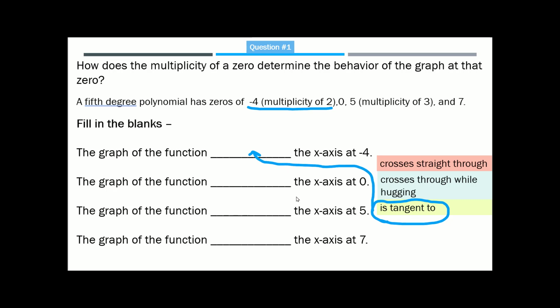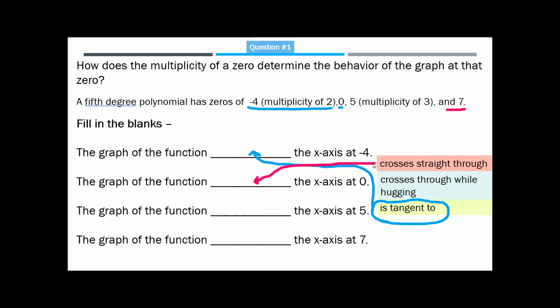Okay, now we're going to look at what it does at 0. 0 is a single multiplicity. So what's going to happen at 0 is it's going to go through the x-axis. It's going to cross straight through. And we also have a single multiplicity at 7.